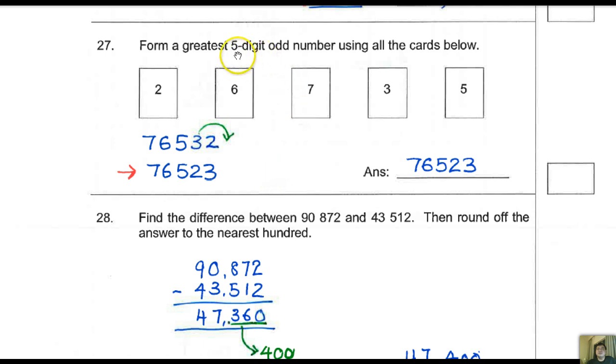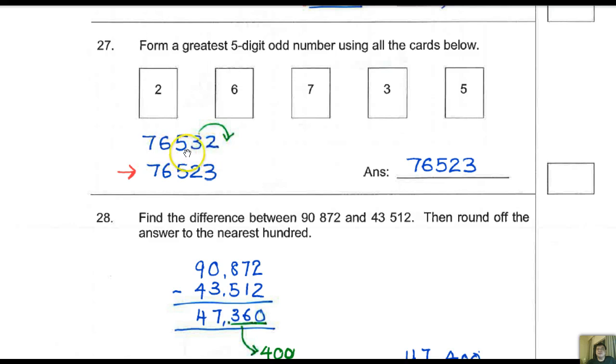Now watch out, the keyword here is you have to of course get it done with 5 digits. The keyword is odd, and the other word is greatest, not smallest. Hence greatest, you must start with the larger digit, never start with 6 because it's not largest, nor 5 and so on, right? So you arrange from largest to smallest. It says greatest number, right? So no worries, just arrange from largest to smallest first.